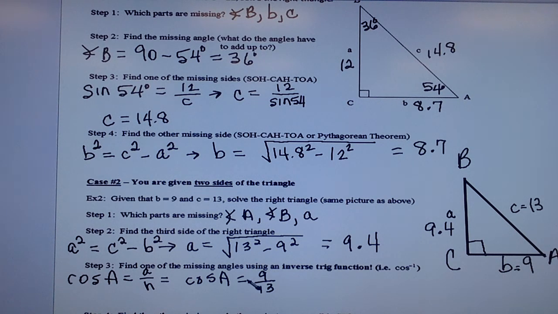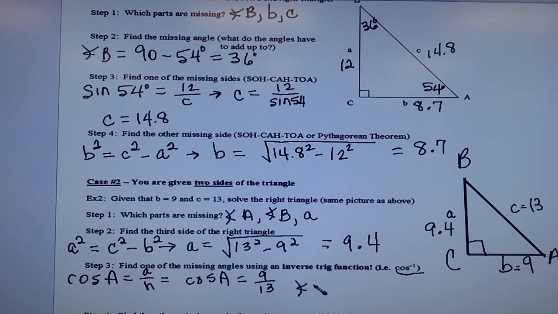Anytime you're looking for an angle, you use what's called your inverse function. So when you use your calculator to find it, if you look for your cosine on the calculator, right above you'll see cosine to the negative 1, which means cosine inverse. So that's what we're going to use.